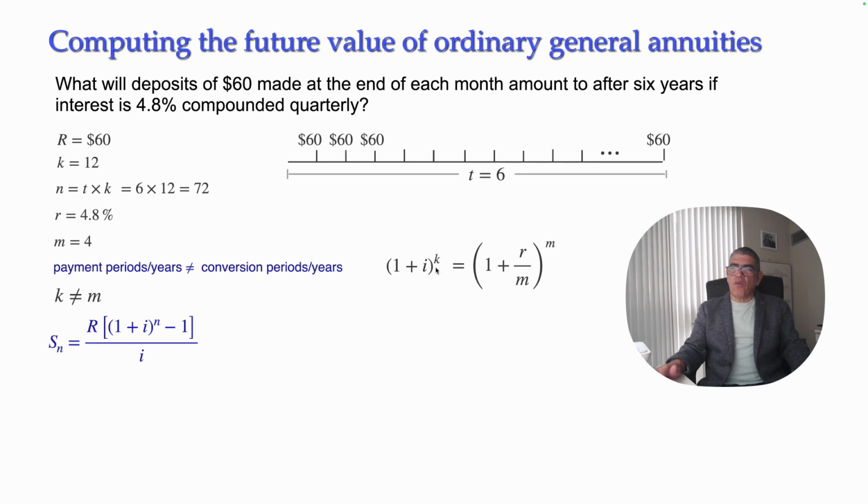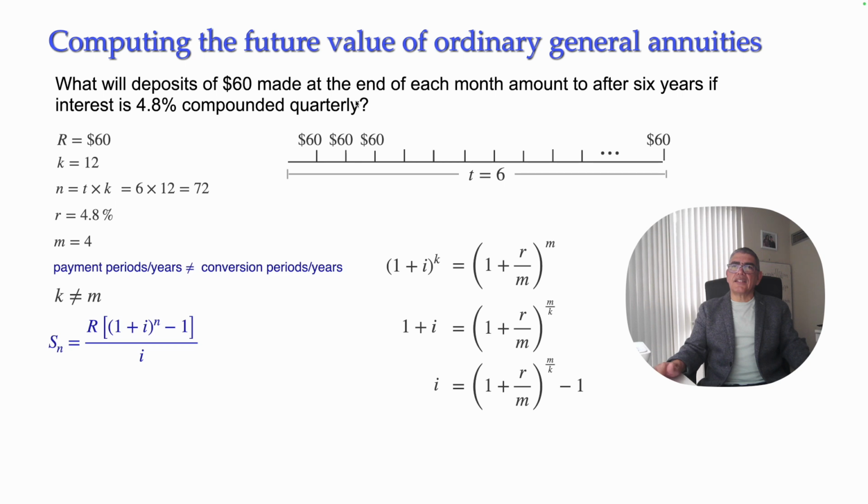So on one side we have 1 plus i, because k divided by k equals 1, the exponent. And the other side will be 1 plus r over m to the power m divided by k. And this 1 goes to the other side, so we have that i equals this expression minus 1. So this is the i that we're going to be using in the formula of future value.